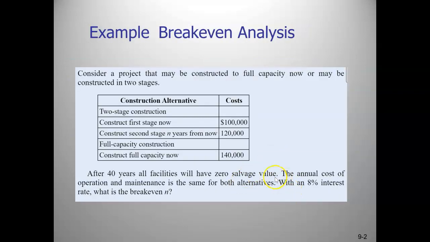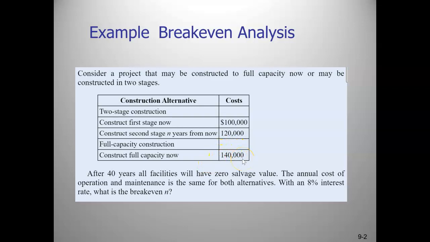So let's look at this example. Let's consider a project that can be done in two forms. We can either build it with two-stage construction, spending $100,000 today and $120,000 N years from now, or we can build it with single-stage construction with $140,000 today.